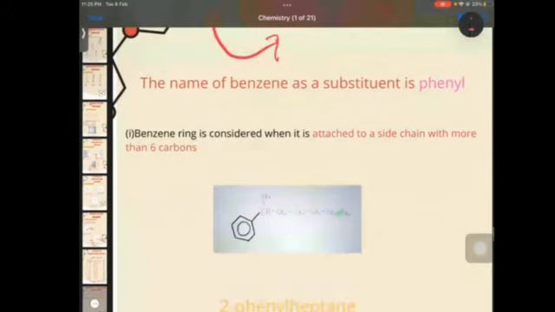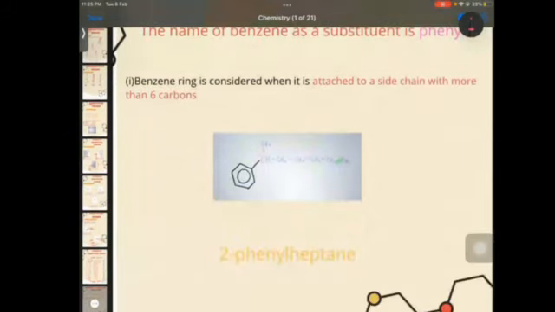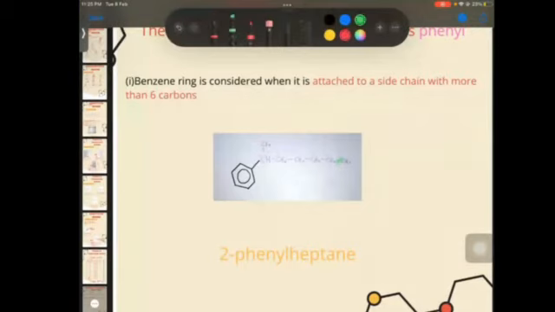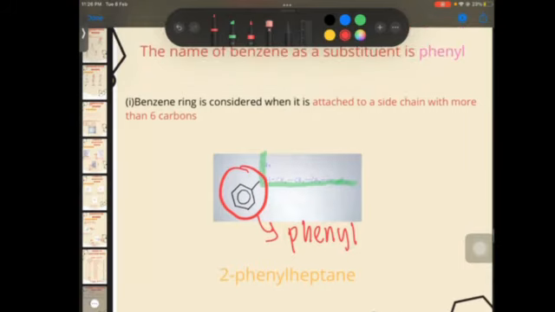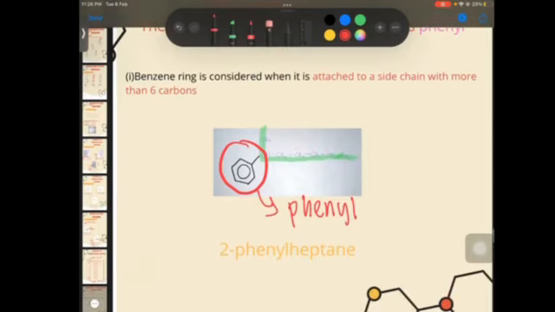Contohnya, benzene ring is considered a substituent when it is attached to a side chain with more than 6 carbons. Bila side chain kat sini lebih daripada 6 carbon, automatik benzene ring akan berubah menjadi phenyl.